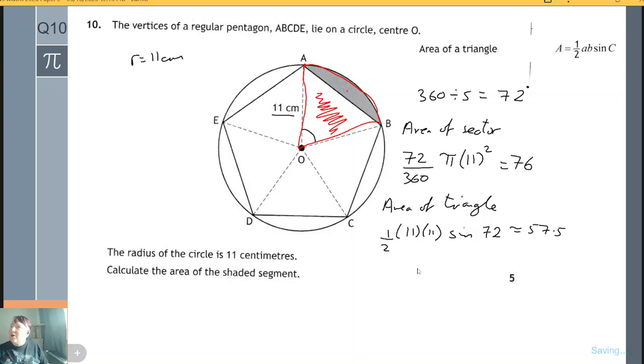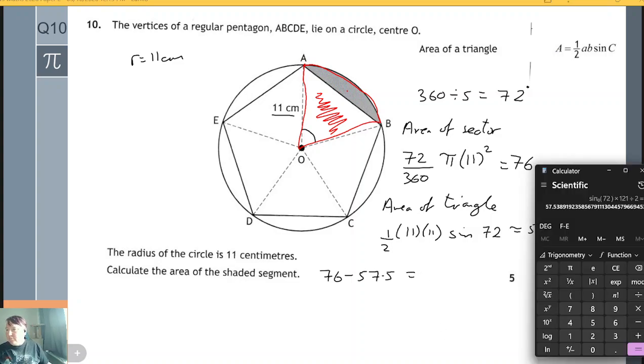Right, and the area of our segment is going to be 76 minus 57.5, which I'm sure I could work out in my head if I wanted to, 18.5.